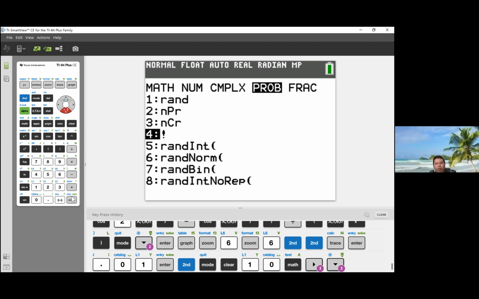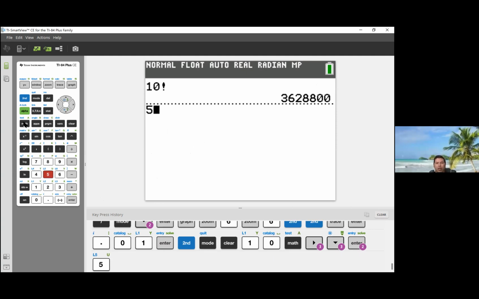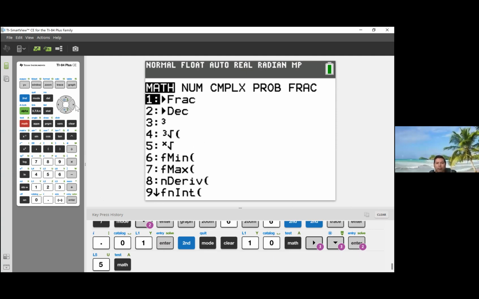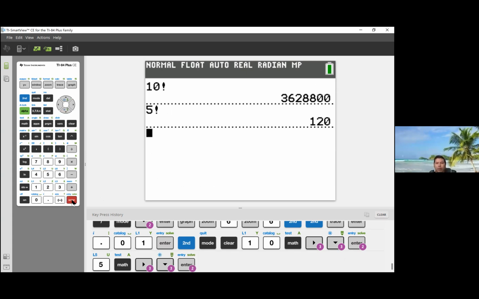I just press enter, and there we go. That's how you use a calculator to do the factorial. So you check the math again, 5 factorial is 120, just like that. Sounds good? Okay.